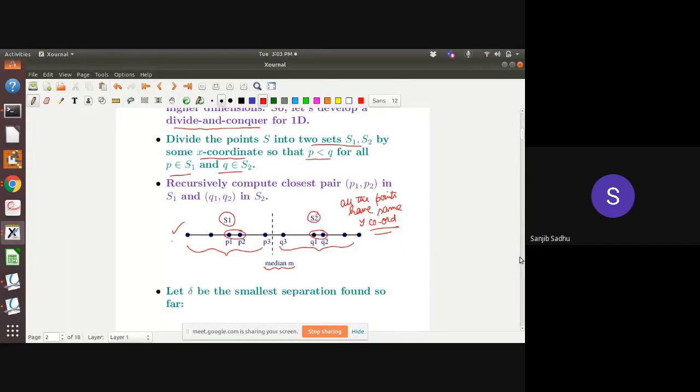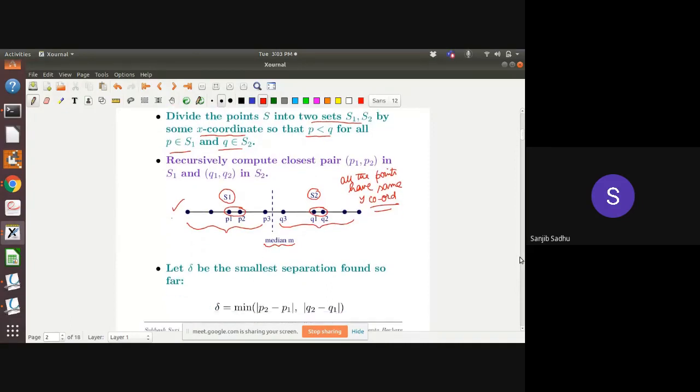If delta is the smallest separation, so what is the delta? Delta is the minimum of this distance and this distance. In the partition S1, I am getting delta 1, and in the partition S2 I am getting delta 2.